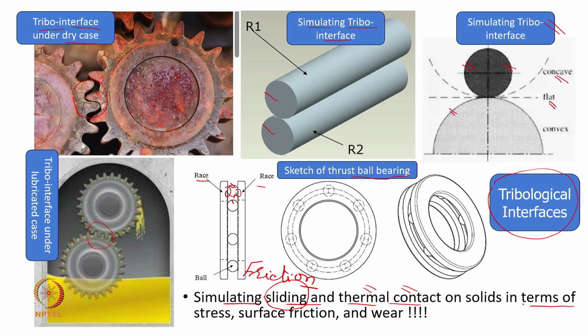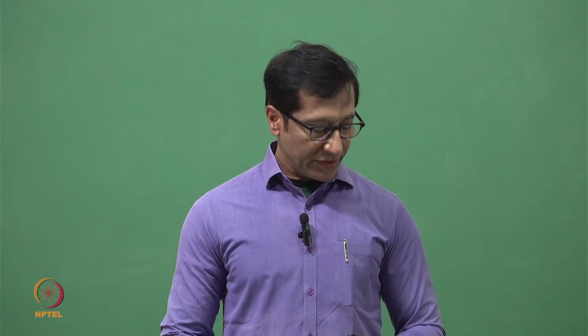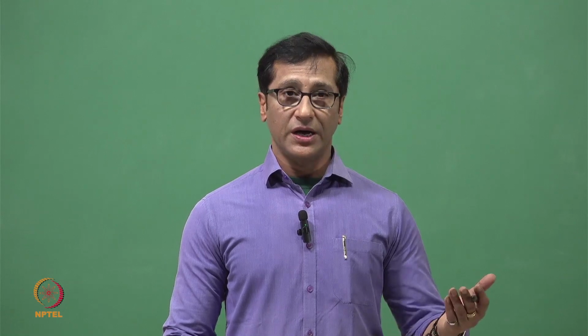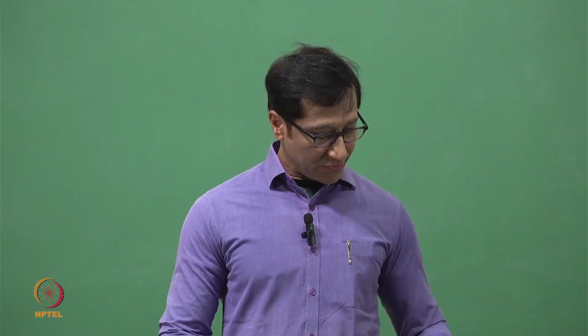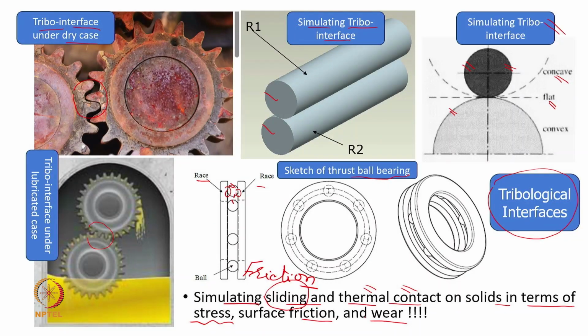The reason being, all this will affect the instantaneous stress. An interesting thing: in mechanical engineering, when we talk about stress, we talk in MPa, but when we talk about stress in tribology, we talk in gigapascals, which is 100 to 1000 times higher. Then friction and wear, everything will depend on how the tribo interface is behaving.